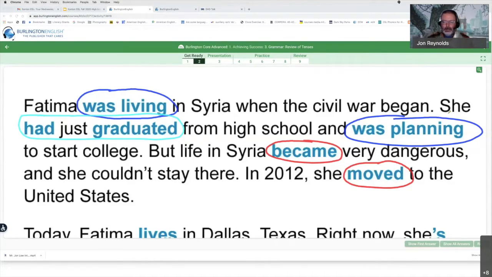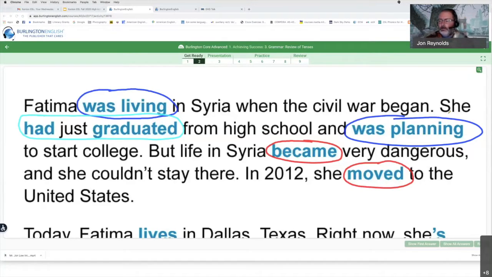Do we know that at this moment in the story? No, that's the key. The past progressive is often used for actions that, yeah, of course, everything is finished. This whole paragraph, everything is in the past. But at the moment of that part of the story, the Civil War began. We know when the Civil War began. Civil wars begin and end. So in this case, what we're saying is when this event began, something else was happening at the same time.